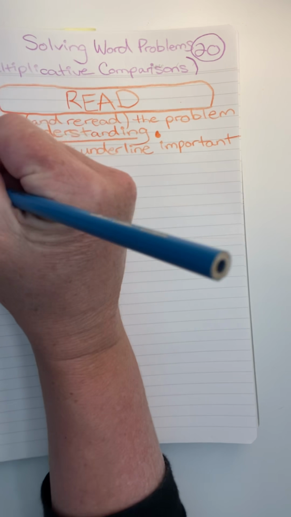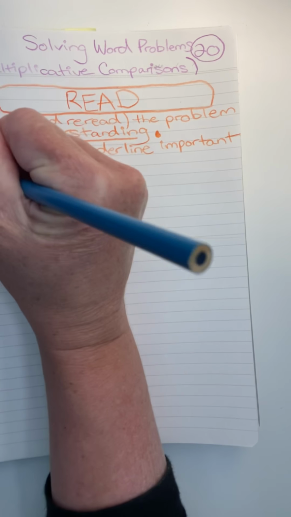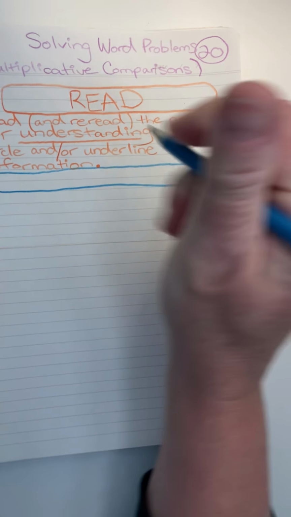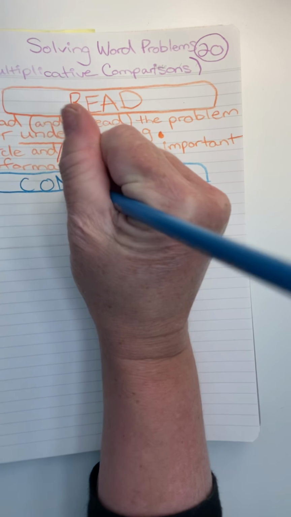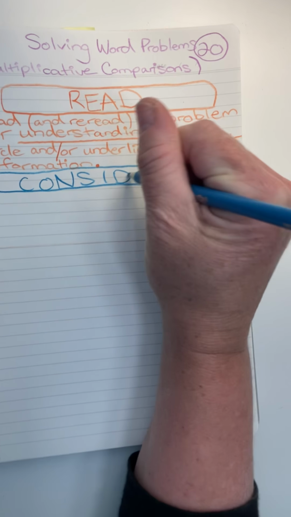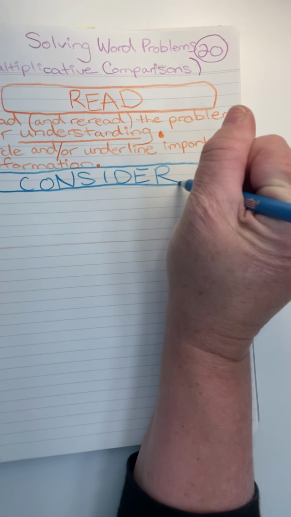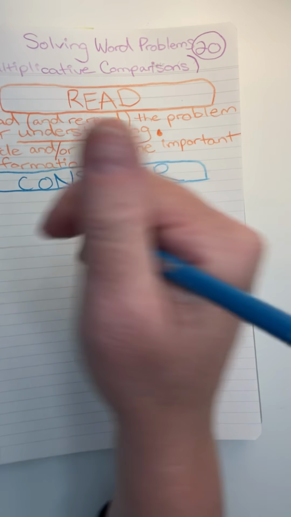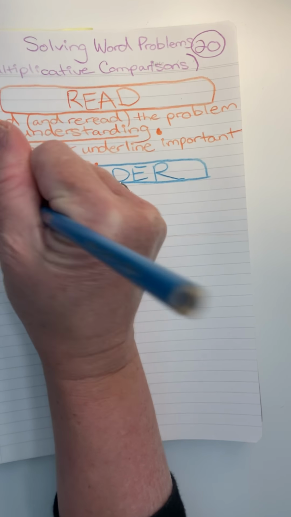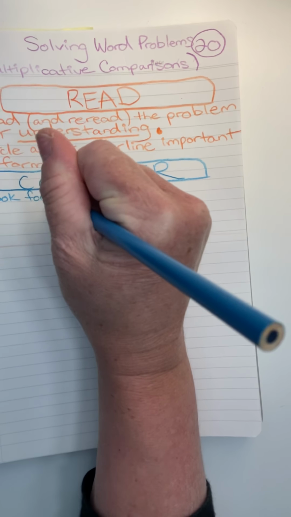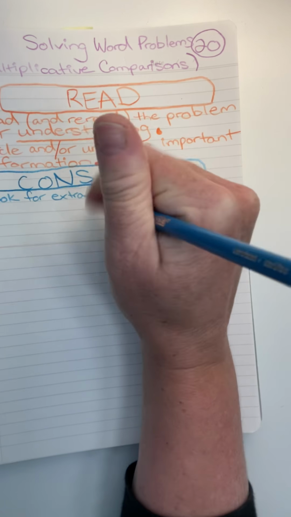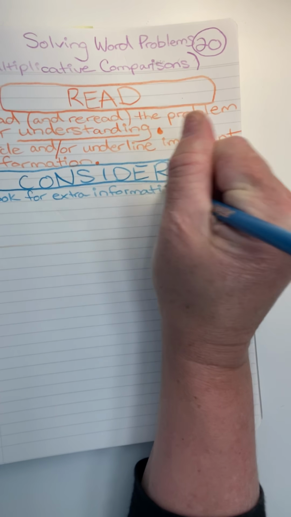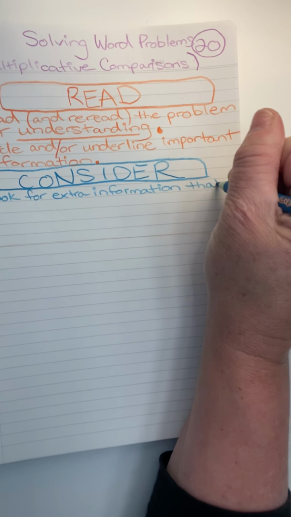Okay, welcome back. This is step 2. And we're going to draw a box. And step 2 is consider. When we consider the problem, we are going to look for extra information that is unneeded.